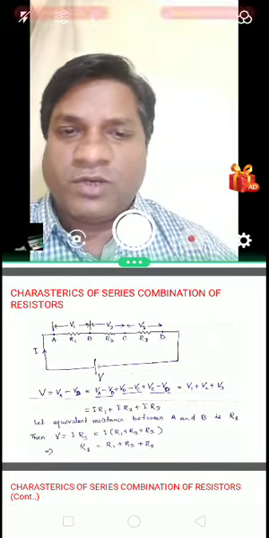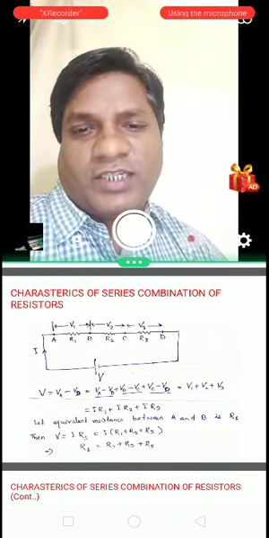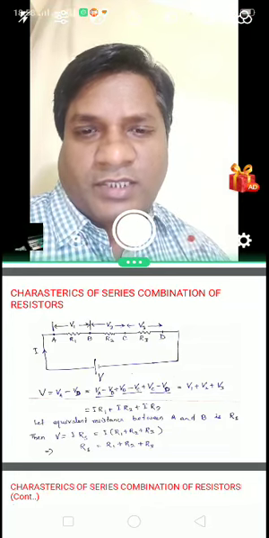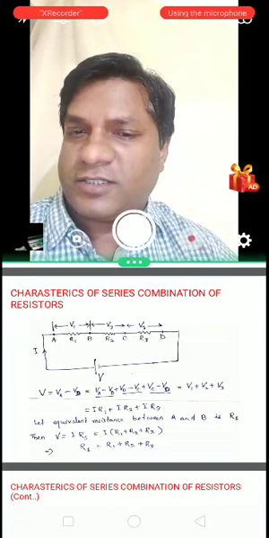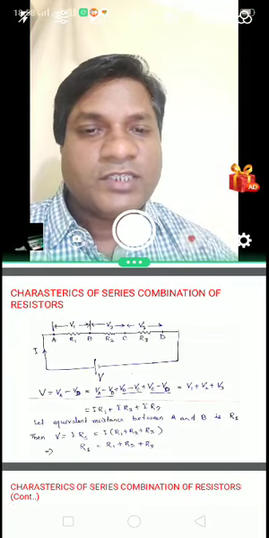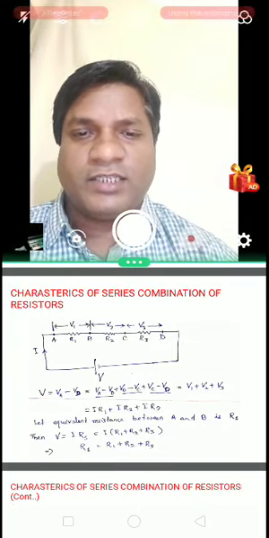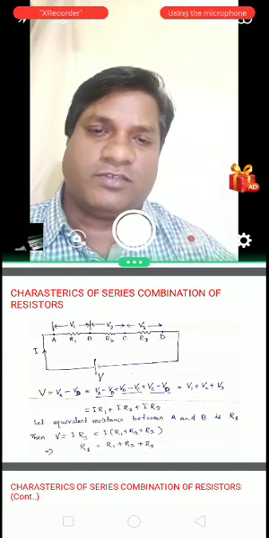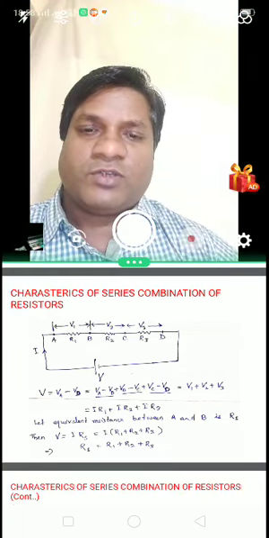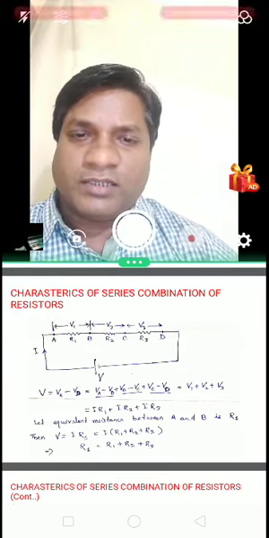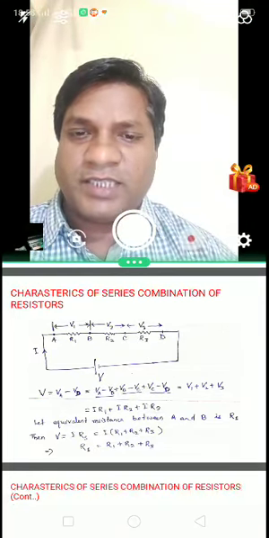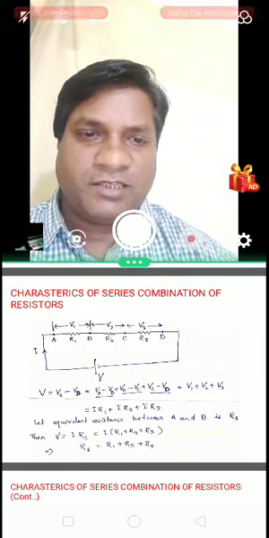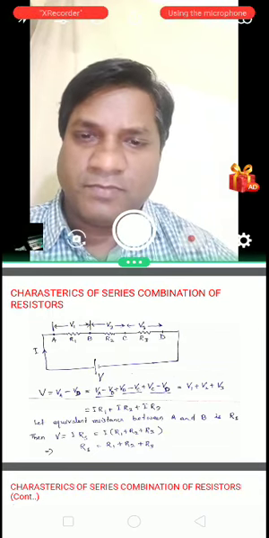This is according to Ohm's law, which states that the potential drop across a resistor is equal to current times its resistance. Since the current is the same, the current remains I across all the resistors. Now suppose the equivalent resistance between A and D is represented as Rs, the resistance of the series combination.